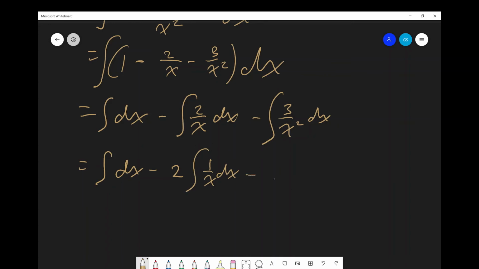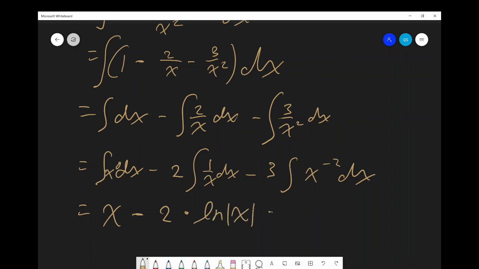I'm just taking out the constant. Take out the constant from here too, and I call this x to the negative 2 in exponent form. So this is just x to the 0 here, right? Because x to the 0 is just 1. So this gives us x minus 2 times, because this is just 1 over x, minus 3 times x to the negative 2 plus 1 over negative 2 plus 1, plus c.